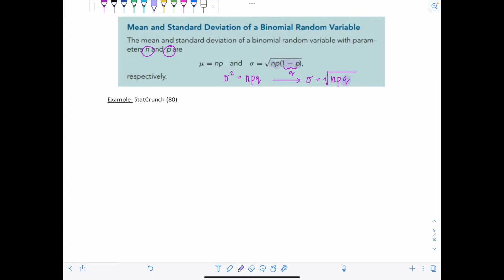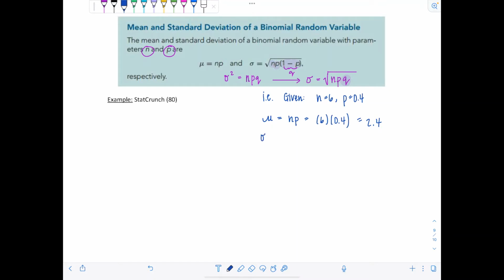So let me just, by hand, crunch one out before we get into an example with your homework. So for example, you would be given that n is 6, p is 0.4, and say you're asked to find the mean and the standard deviation. So the mean, mu, is equal to n times p, so it would be 6 times 0.4, which is 2.4.